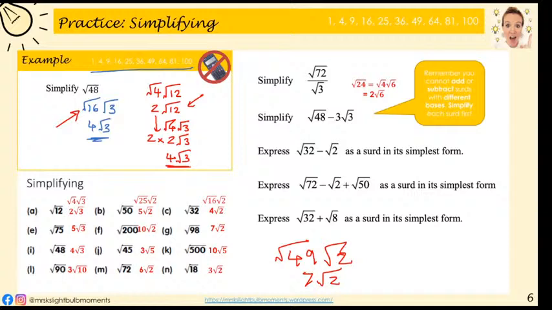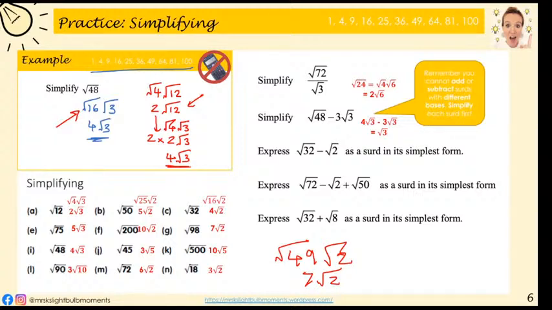Okay. Question 2 on the right hand side, we get 4 root 3, because root 48 we have to simplify. And this is when they start to get more challenging, and that little yellow bubble says, remember you cannot add or subtract surds with different bases. Simplify each surd first. So you'll see there we've got root 48 minus 3 root 3. Now they have to both be root 3 for us to be able to add or subtract.